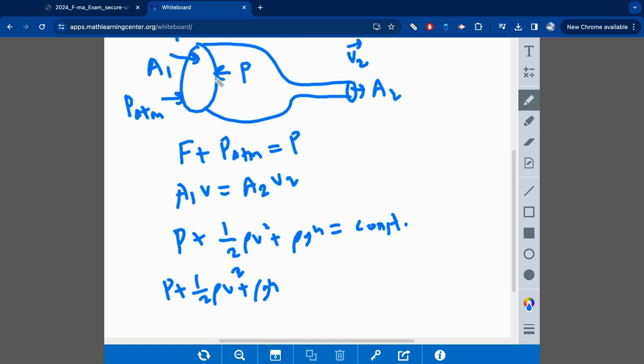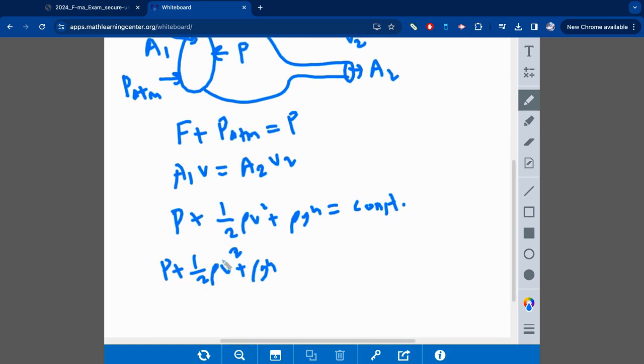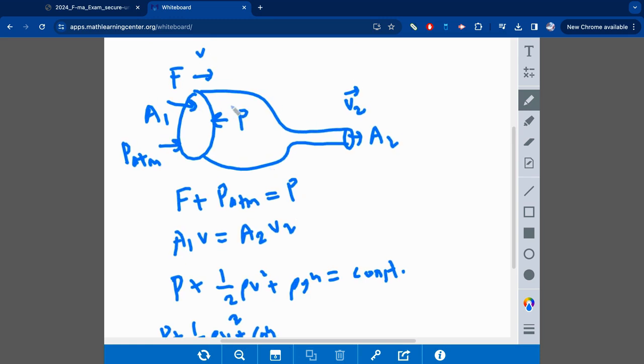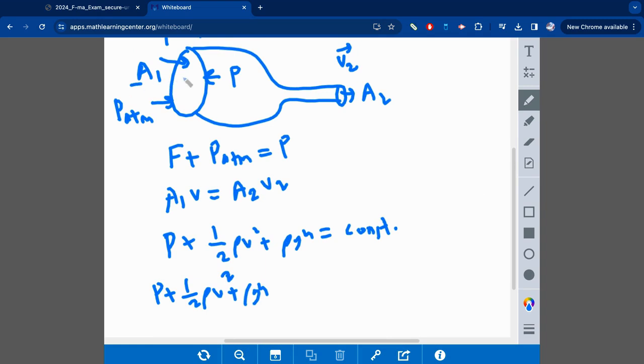So for this region, pressure is P. There's no kinetic energy because although you're pushing this end, the water inside is not moving relative to the end. So there's no kinetic energy, and we'll say that it has some potential energy because it's at a height h.